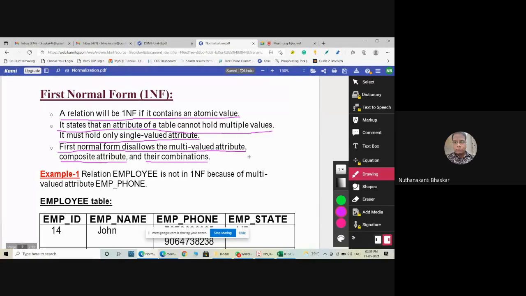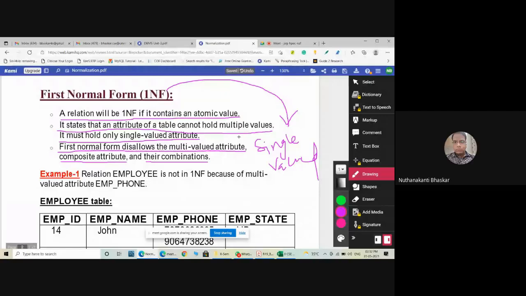It means first normal form allows only single valued attributes. The remaining categories of attributes it avoids. First normal form only accepts single valued attributes. The remaining categories it never accepts. Clear this? All of you clear?